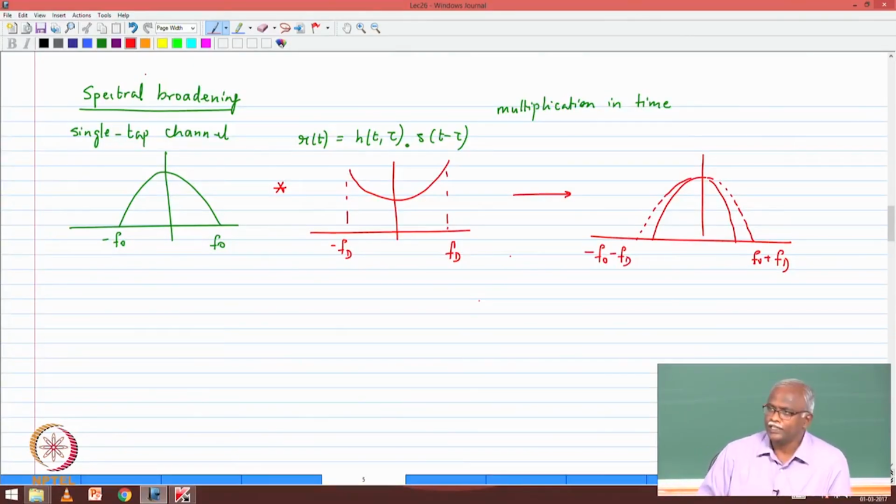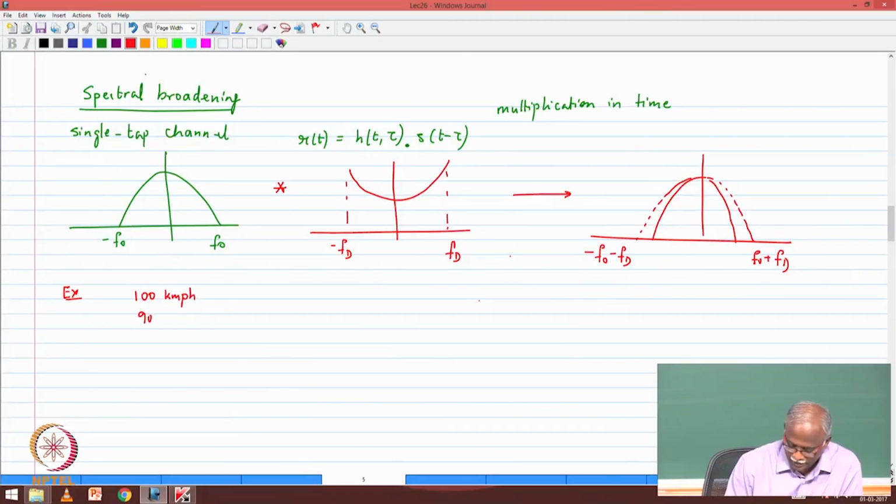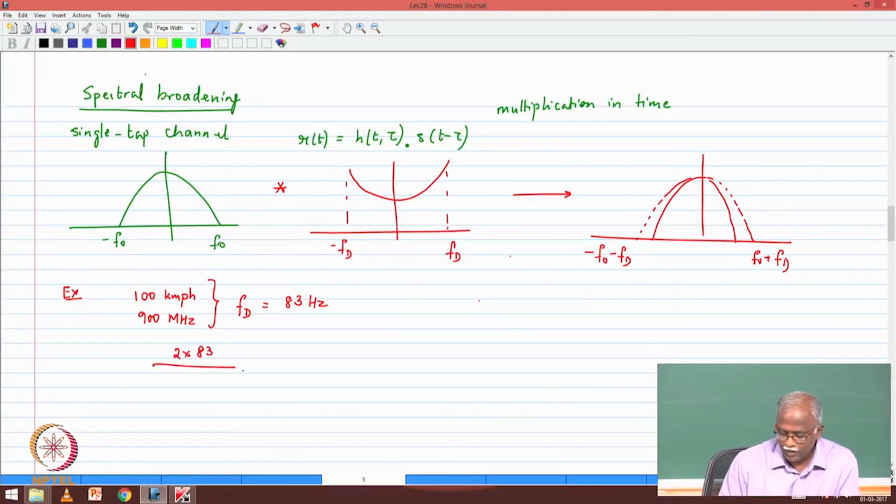I believe we have also done the spectral widening as a function of the bandwidth of the signal. Just as an example, you can please verify that if I were looking at 100 kilometers per hour speed at 900 megahertz, that will fix for me my Doppler frequency, Doppler of 83 hertz. Now, the total broadening of the spectrum is 2 times 83 hertz over a bandwidth.